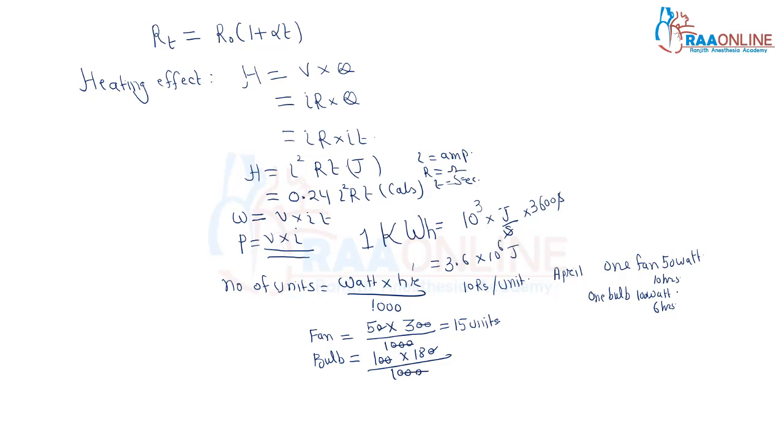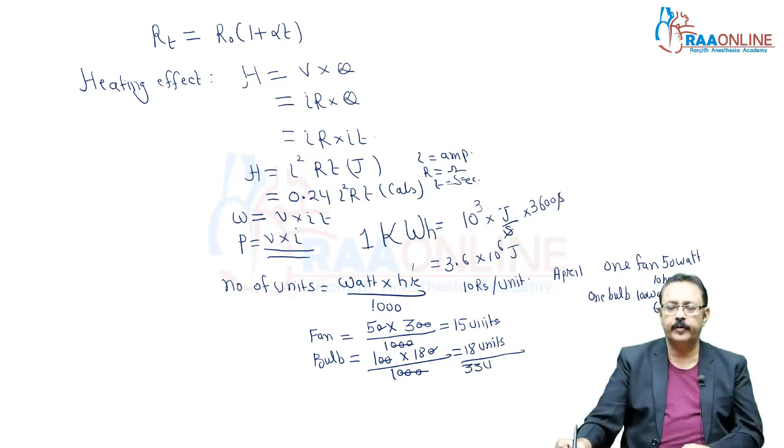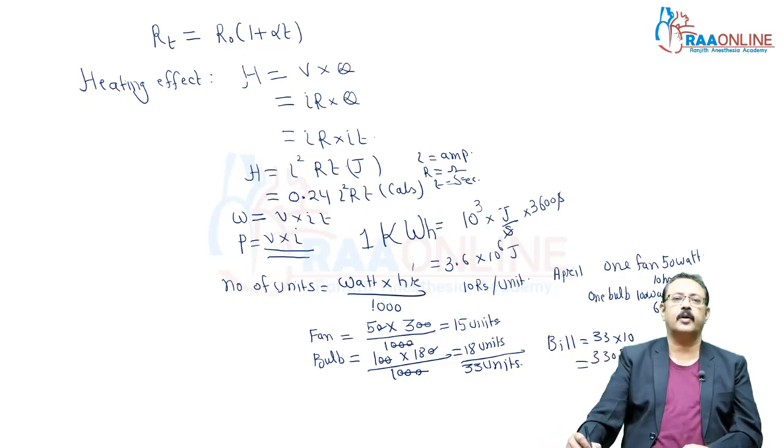Means 18 units the bulb is consuming. So total units 18 and 15, 33. 1 unit costs 10 rupees. So bill amount is 33 into 10, 330 rupees. You can count like this.